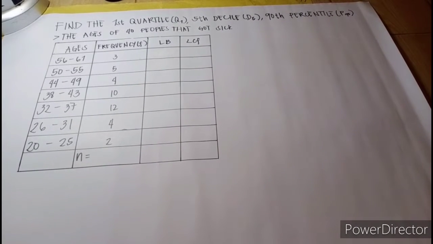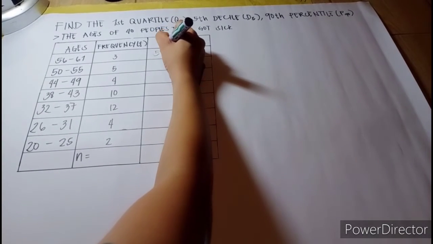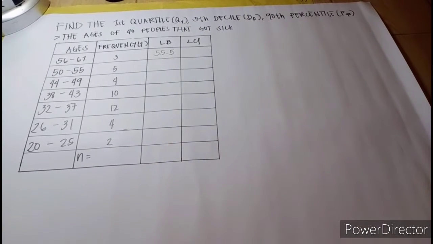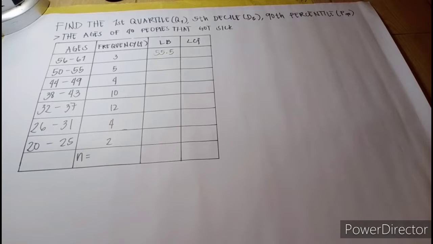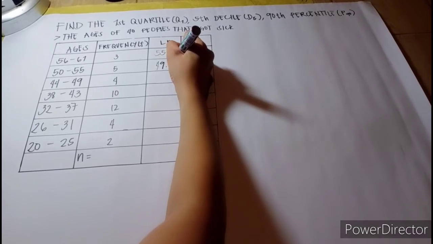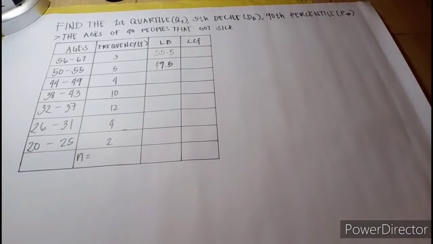So 56 minus 0.5 is 55.5. Then subtract 0.5 again, that is 49.5, and so on. It's the same process.